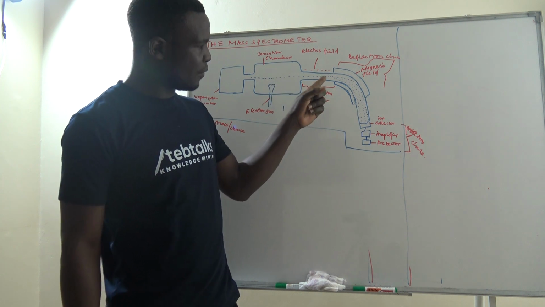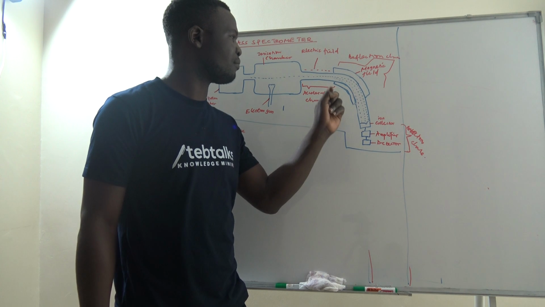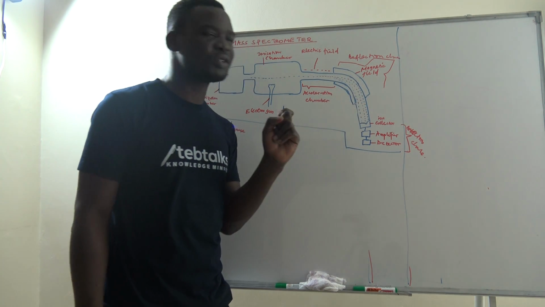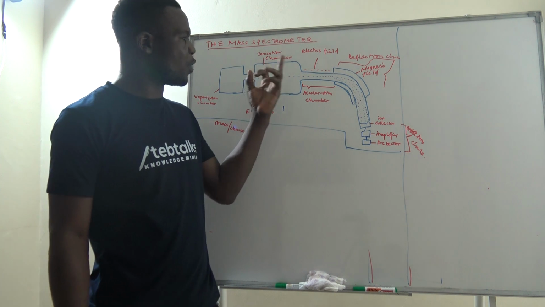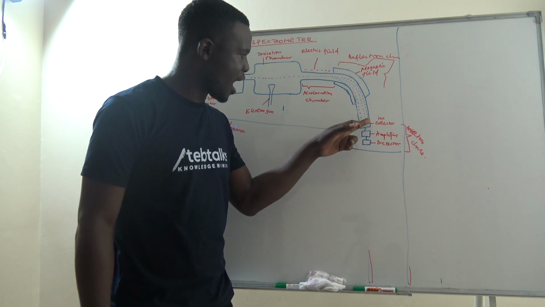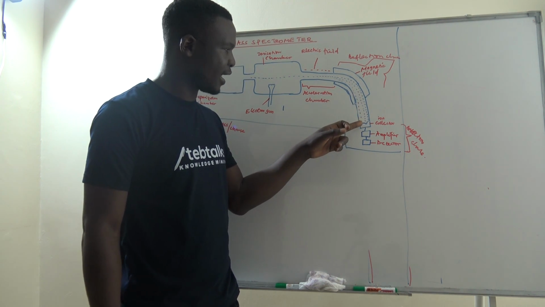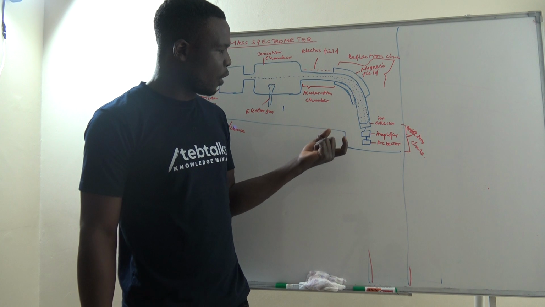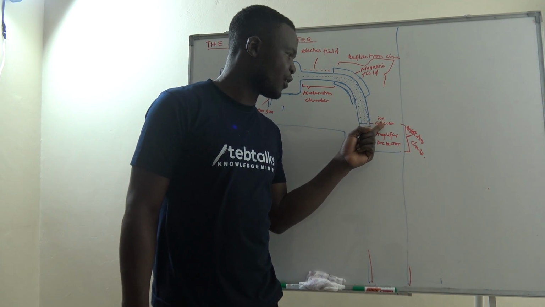Now, when these particles reach here, of course, they are going to be deflected, but the degree of deflection depends on the mass to charge ratio of the ion. The heavier ions will land this side, then the lighter ions are deflected further. So all these ions are going to fall on the ion collector.